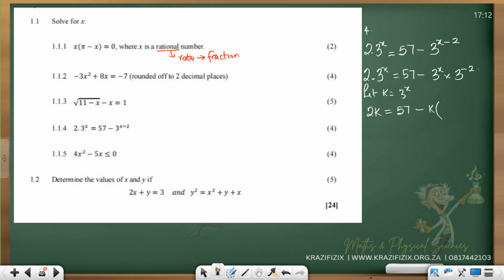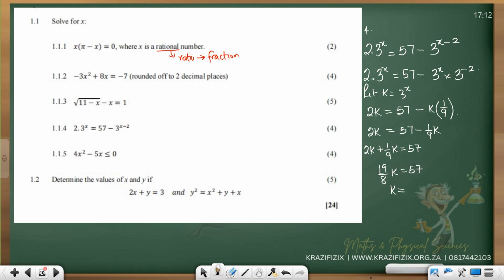Remember, this is k, and this is 1 over 9. You can use a calculator to confirm. So what do we have? 2k, 57. All right, like terms. 2k plus 1 over 9k. If you use your calculator, 18 plus 1 is 19. 19 over 9k.